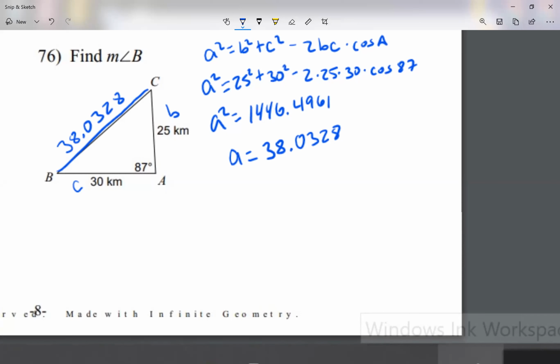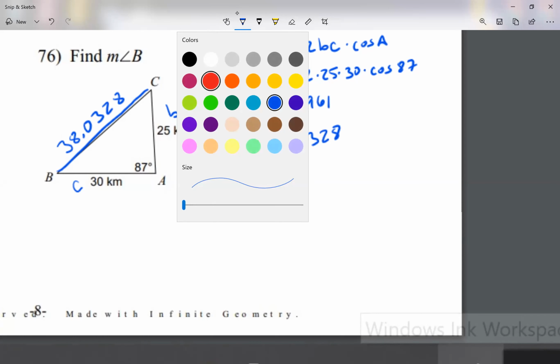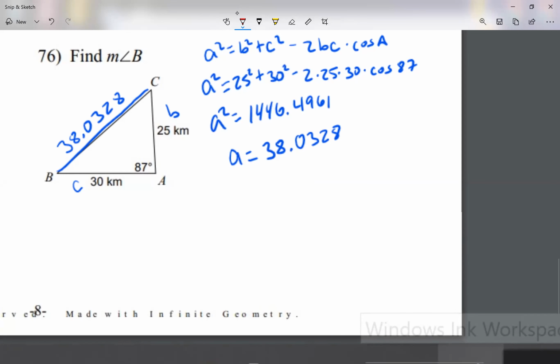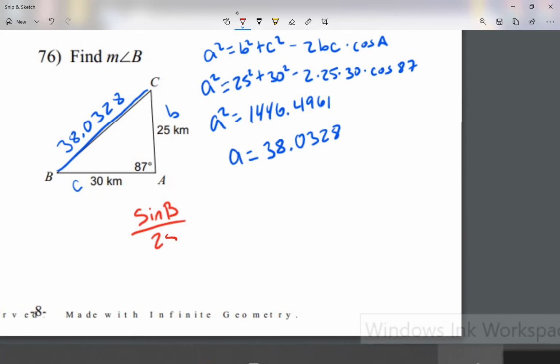I was only able to solve for side A. Now I look at the question, and it was asking me to solve for angle B. So find the measurement of angle B. So now because I have angle A and side A, I will be able to use the law of sines. So I'm just going to say sine of B over 25.